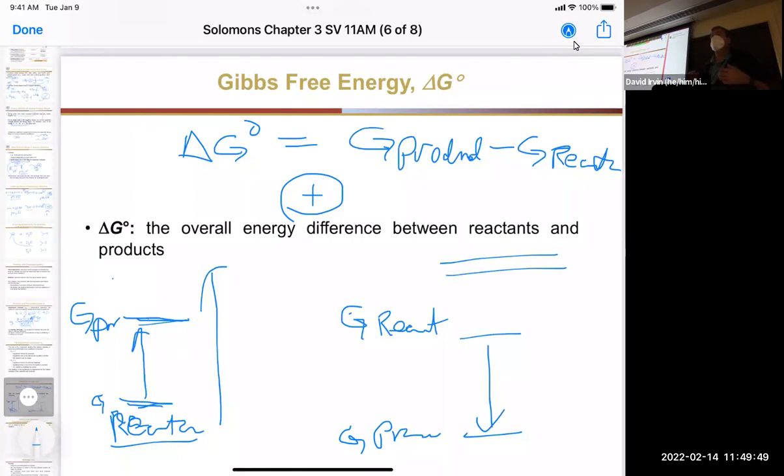By comparing the Gibbs free energy of the starting materials and the products, you tell whether the reaction is favorable or not. When the Gibbs free energy change is positive, it's a favorable reaction. When it is negative, it is a non-favored reaction. Okay, so questions on that?